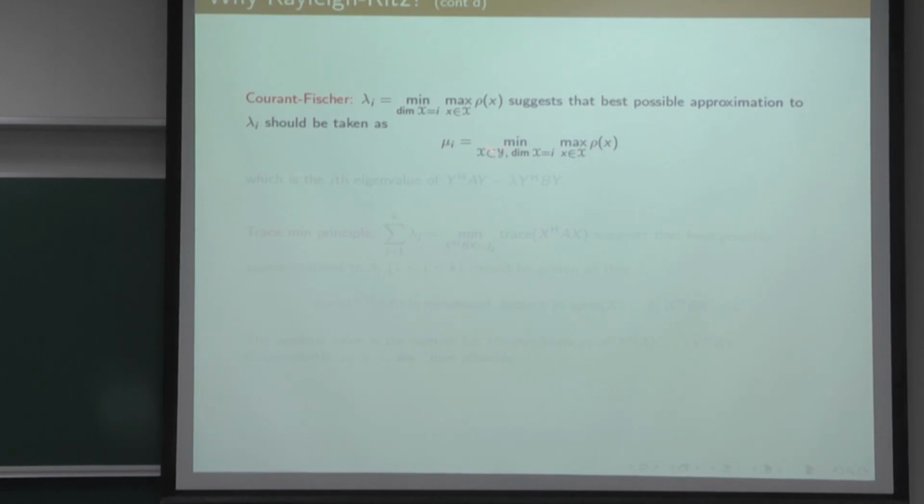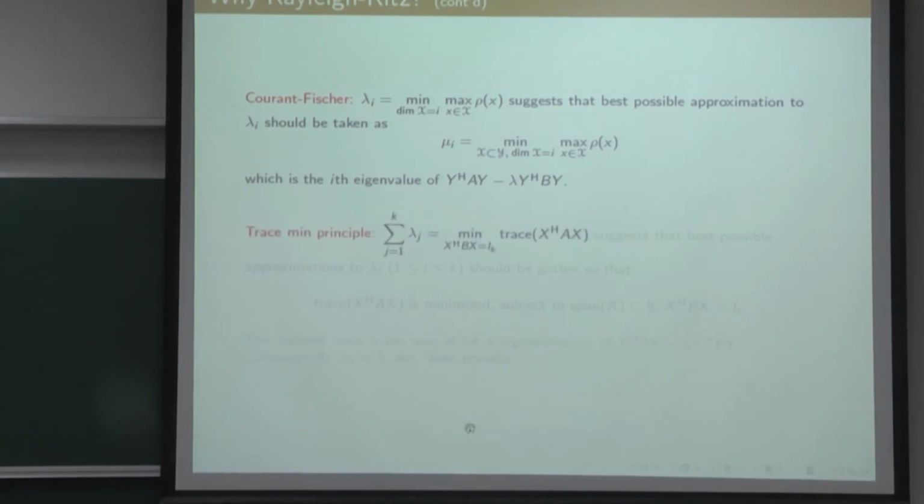So naturally replace the whole space by the subspace Y, using this approximation, and take a piece of paper and do a little calculation. You discover this mu i is the eigenvalue of that projection we just talked about. This is one way.